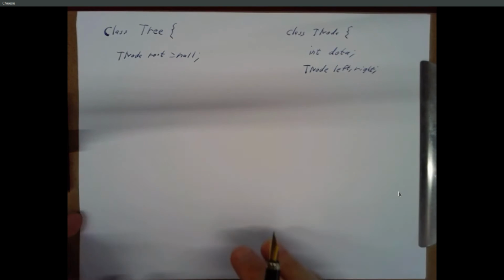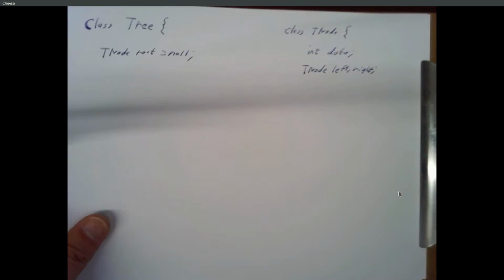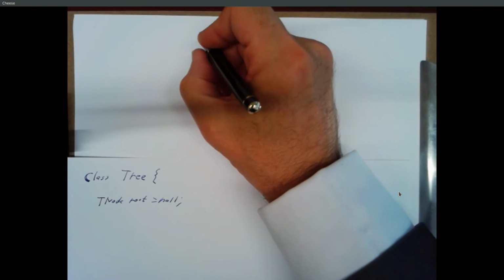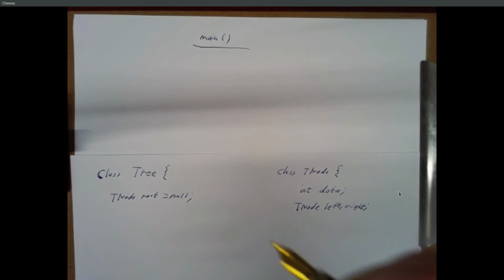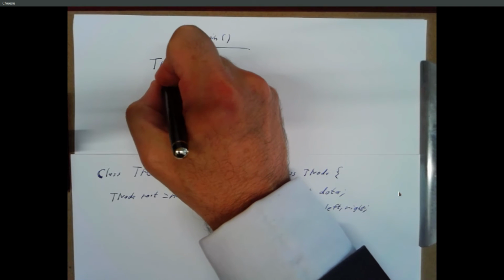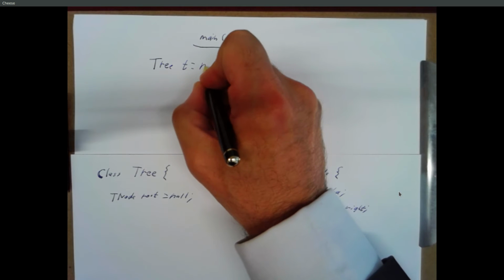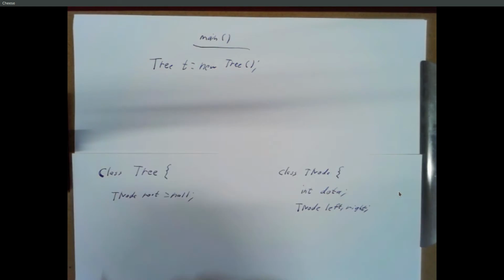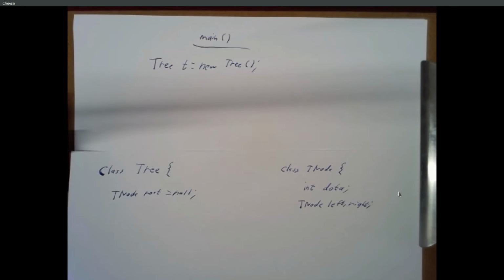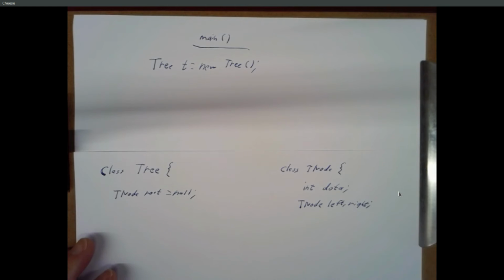So our main method might do something like this. Tree T equals new tree. All right, well, what are things we do with trees? Traverse them.